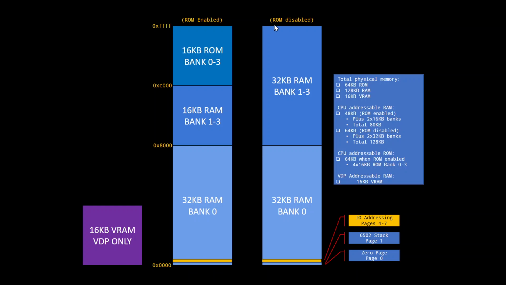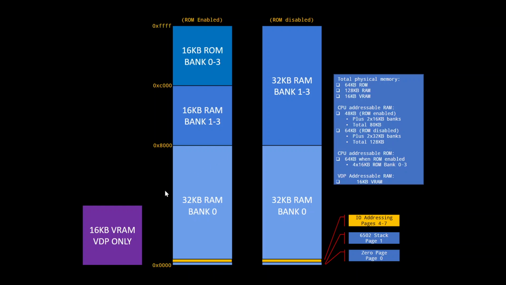But when you disable the ROM, then of course the top 32K of the address map can access all of the RAM, and you can select one of the 3 banks available to you. By default, on power up, the homebrew starts in bank 3. And so that's all there is to really say about the address map.